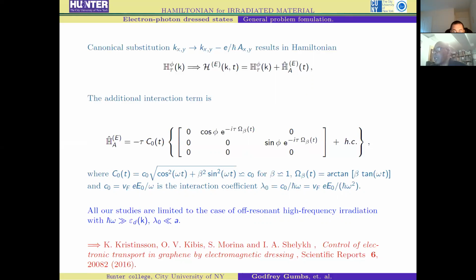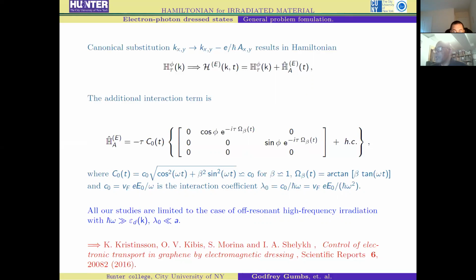When we do that, we end up with the following interesting situation, namely that the Hamiltonian is then replaced by a new Hamiltonian, which is time dependent because the vector potential depends on time. But here we can separate out the time independent part, which is just the original Hamiltonian, plus the time dependent part, which is given here in this equation.